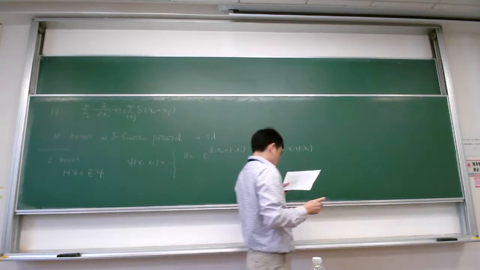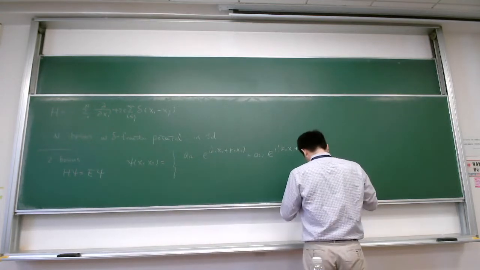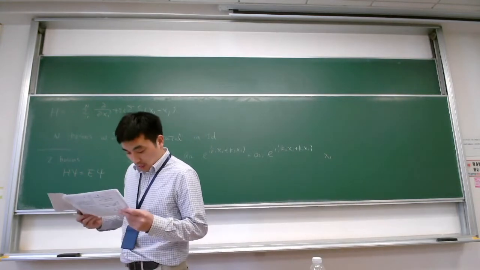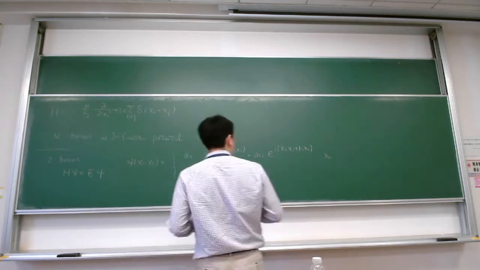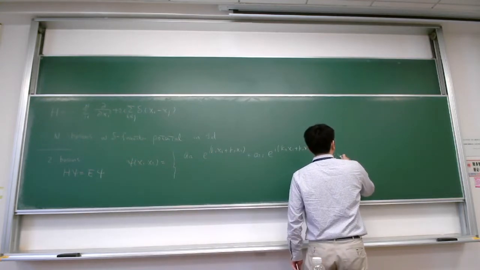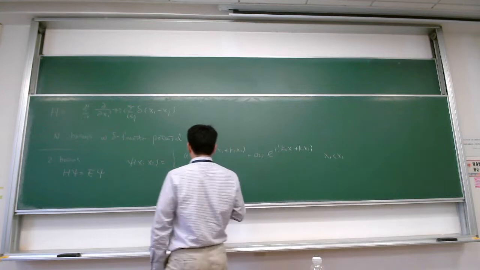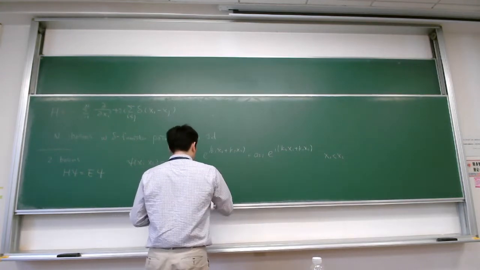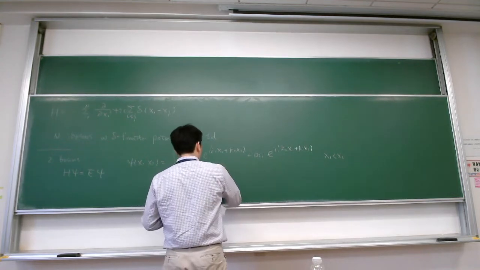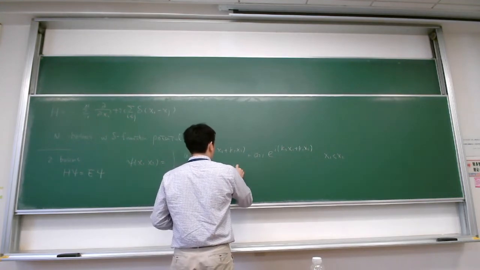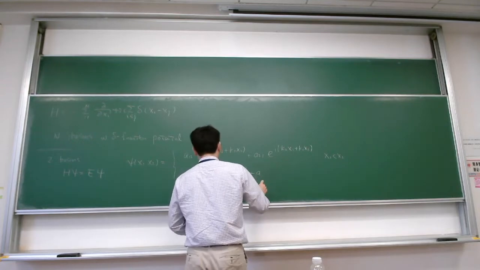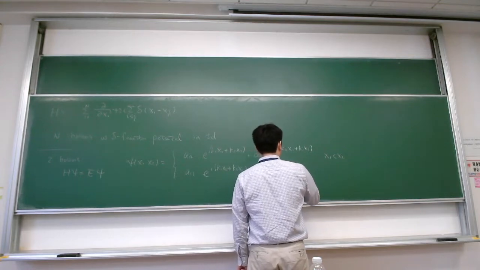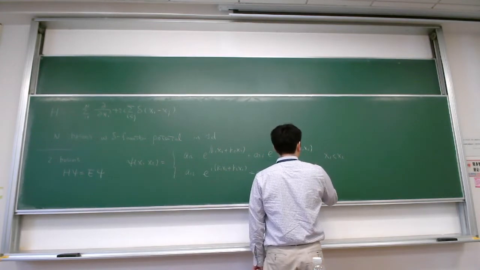In the region x1 less than x2. What was the ansatz last time? Or you have A12 e to the i k1 x2 plus k2 x1 plus A1 e to the i k1 x1 plus A2 x2.